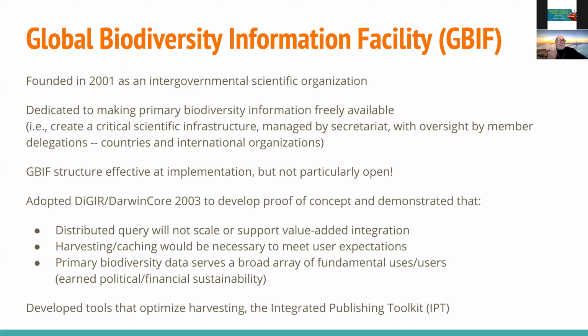At the same time, what we witnessed was a transformation among the provider community: they got comfortable with the notion of having a complete copy of their data reside somewhere else, and that their use and value would not be completely subsumed by becoming part of a global database. And it demonstrated, of course, that primary biodiversity data serves a broad array of fundamental uses and users, and that earned GBIF political and financial sustainability.